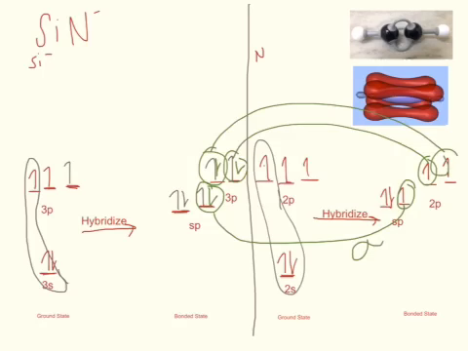We're going to go ahead and draw the contour diagram. I'm going to clear the screen again. Just a reminder that we have one sigma bond and two pi bonds, 1, 2. Now onto our contour diagram.